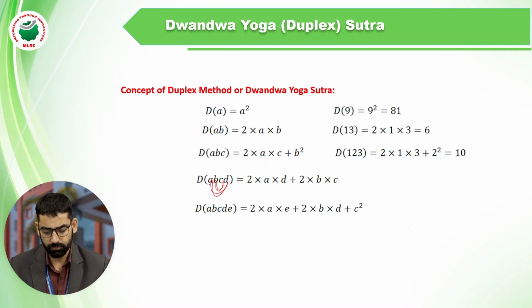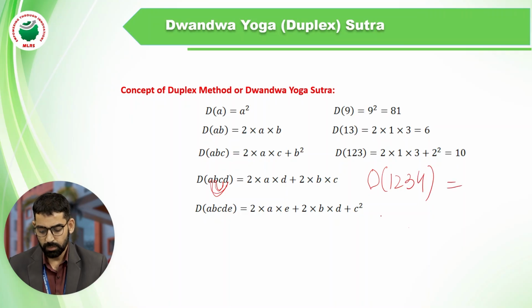So for a 4-digit number, we have 2 into A into D plus 2 into B into C. We can take an example, D of 1 2 3 4, which is equal to 2 into 1 into 4 plus 2 into 2 into 3, because we have paired 1 with 4 and 2 with 3.